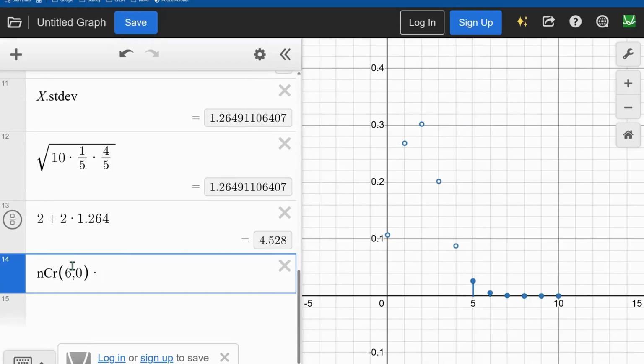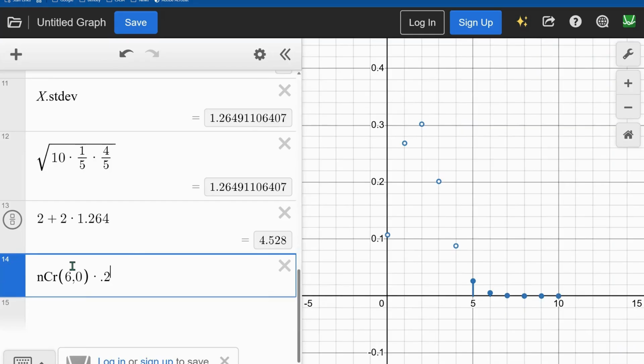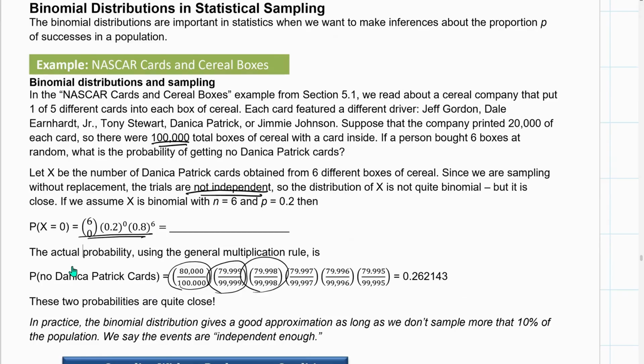And I multiply this by the probability that I would have a success, which is 20,000 over 100,000, which is 0.2 to the power of 0 successes. And I multiply that by 0.8 to the power of 6 failures. So 0.262144. So that's me calculating it wrongly using binomial.